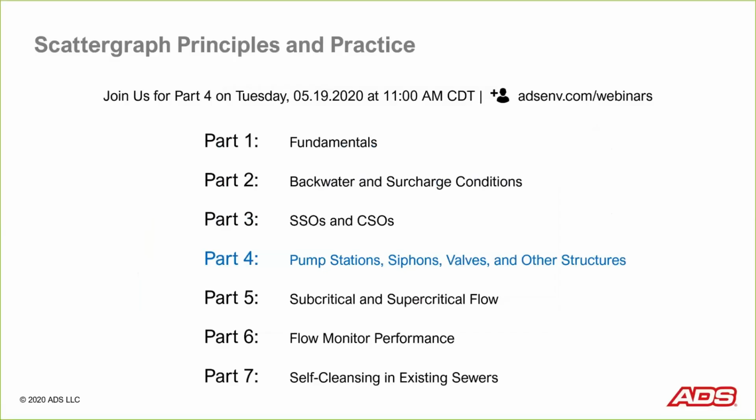But basically, we're going to talk about how to look at nearby structures near your sewer lines and start to make interpretations about how those structures are performing based on what you're seeing the behavior in the sewer nearby do. So this can be convenient when you're upstream of a pump station. There's also some valuable insights you can get about the performance of siphons. And then we'll talk about some valves and some other curious findings.